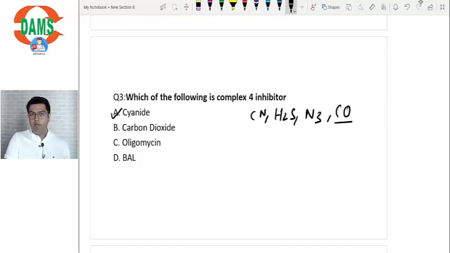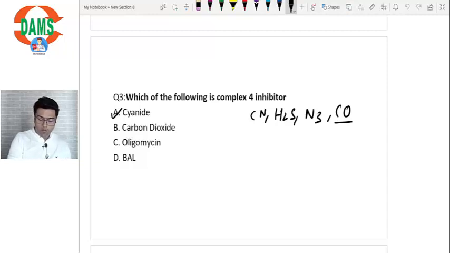I would suggest everyone always remember the names of inhibitors from the biochemistry subject. There are very few names, and the questions are almost always there in the exams. Complex 4 is commonly asked, based on cyanide or carbon monoxide.